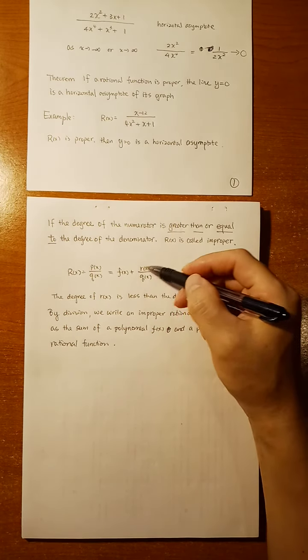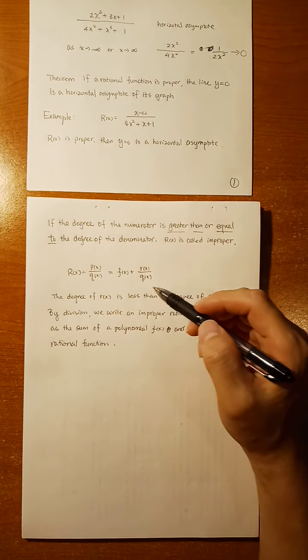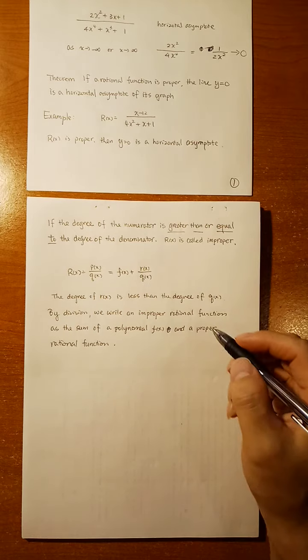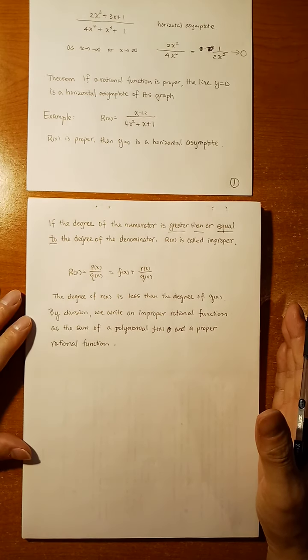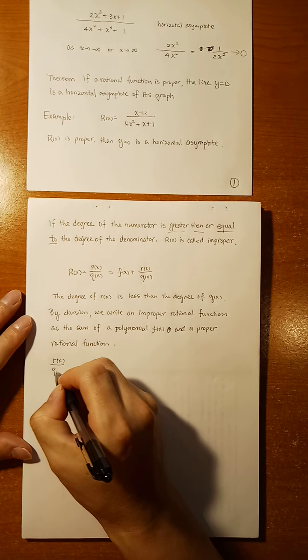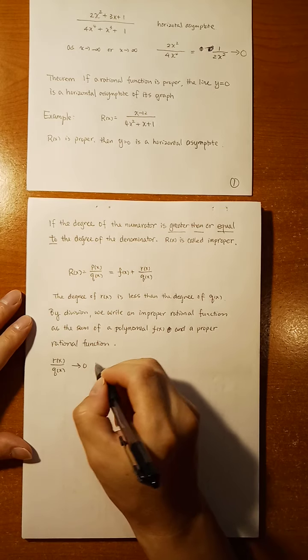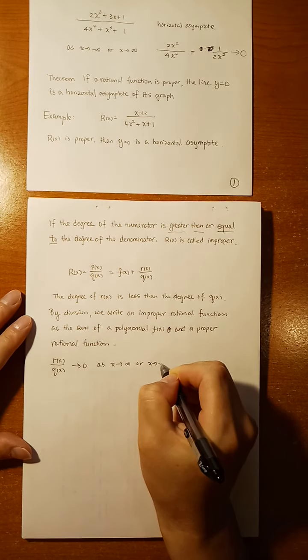Okay, so this is a proper rational function because the degree satisfies the definition. This is a polynomial. A proper rational function will have value approaching 0: R of x over Q of x approaches 0 as x approaches infinity or negative infinity.